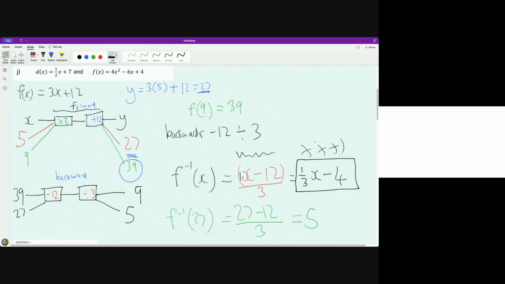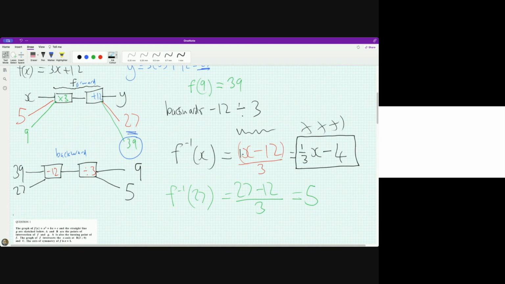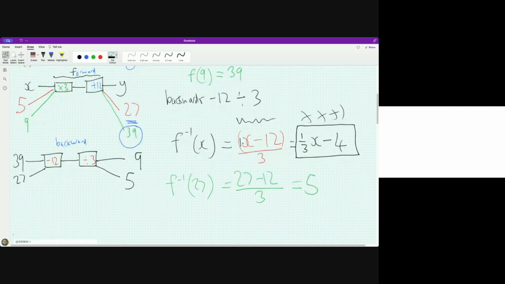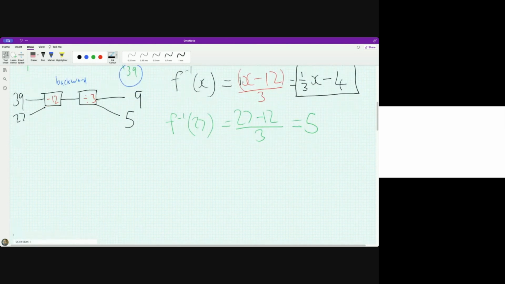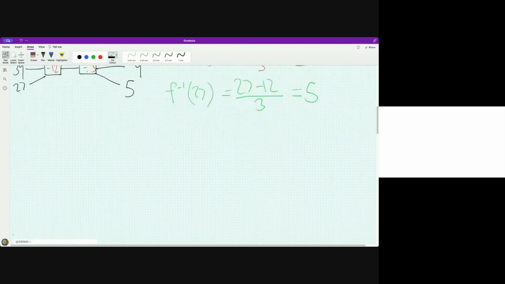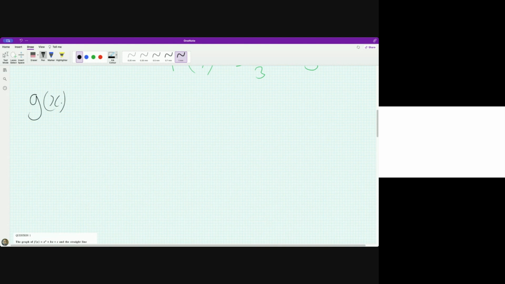Let's do another example, except this time you're going to do it a bit more by yourself. I'm going to make up another function, and this function shall be called g of x is equal to 2x minus 3.